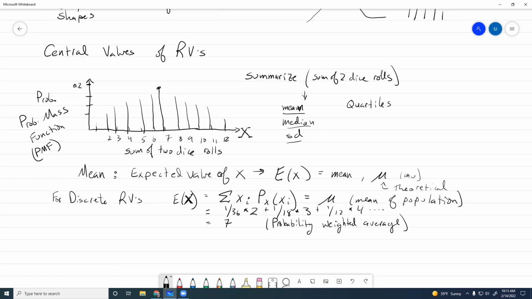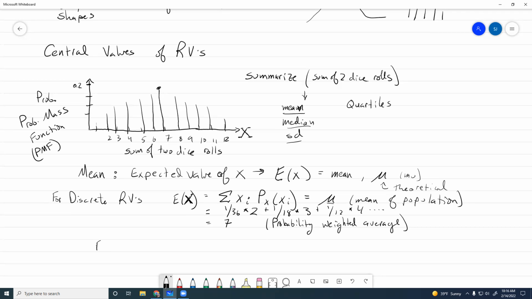Okay, so that is the basic definition of the expected value. I will also say that this is based on the theoretical distribution. This mu is the mean of the population because this distribution represents the population, the complete distribution of observations that we could have.